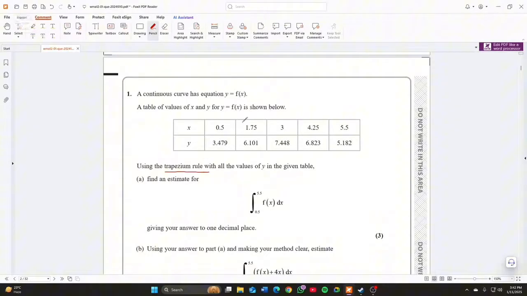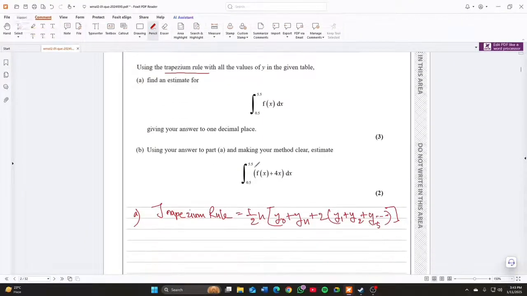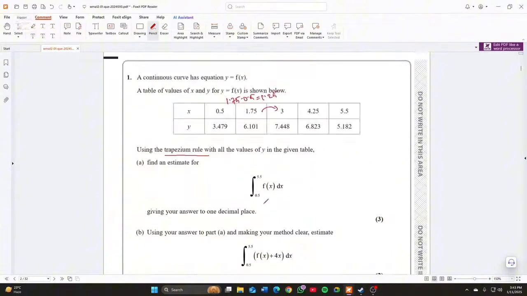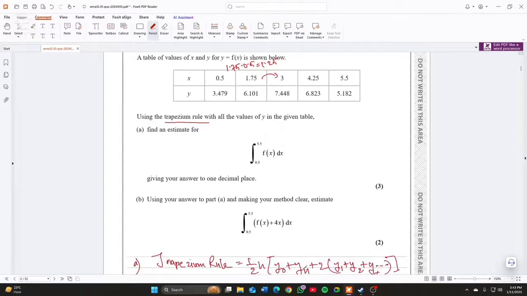Here the difference between the first and second value is 1.75 minus 0.5 equals 1.25, and similarly the difference between 1.75 and 3 is 1.25, and so on. So we have our h. Therefore h is 1.25.